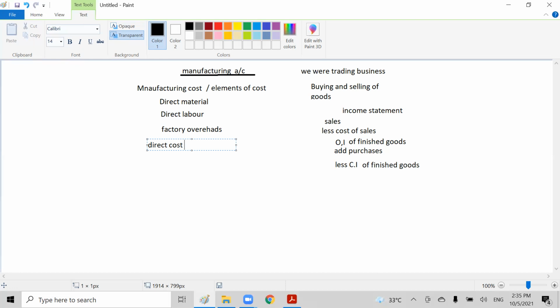So direct cost is a cost which becomes the integral part of the product, or which is traceable from the product, or which is directly attributable to the product. That is called direct cost.